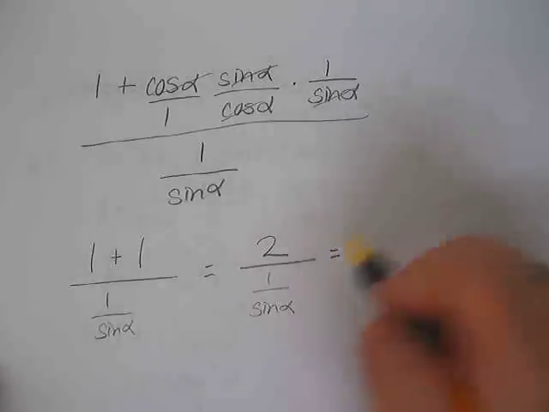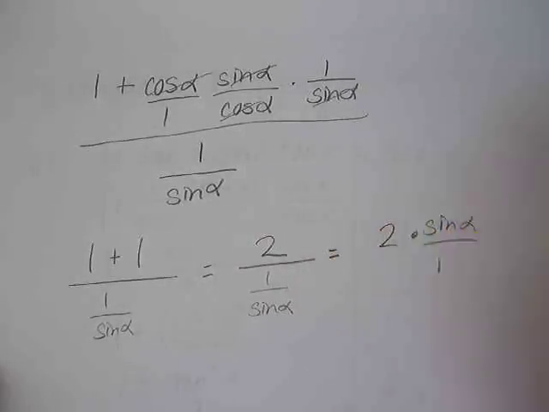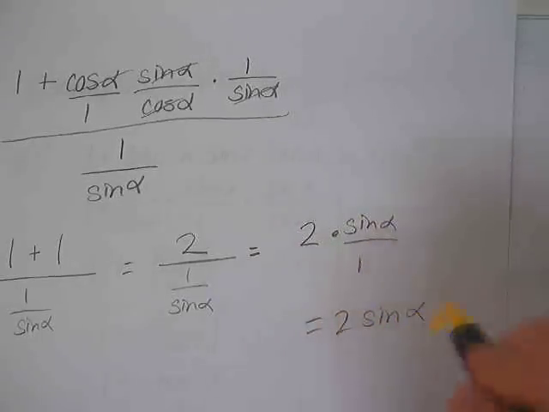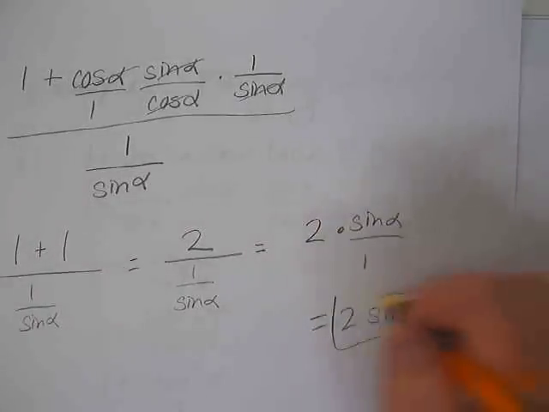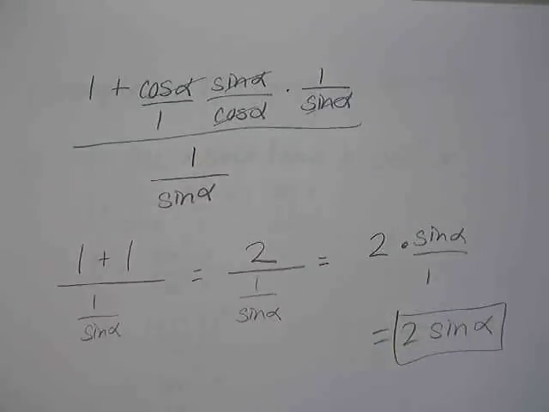So that's 2 over 1 over sine alpha. And then you can copy dot flip. So 2 times sine alpha over 1, which would be 2 sine alpha. So it's just looking for things to make it easier.